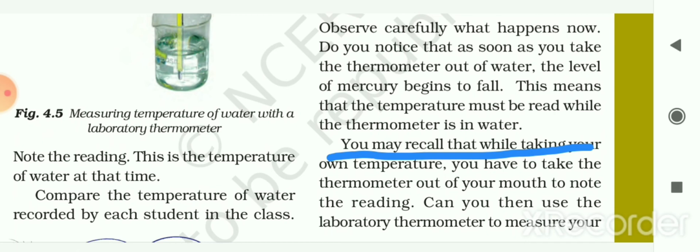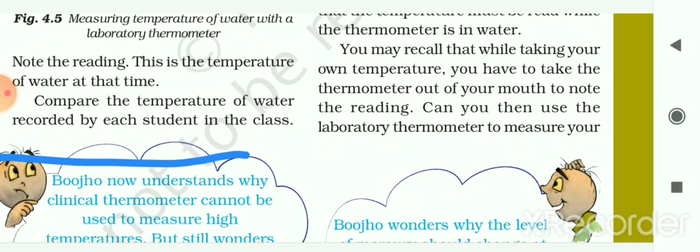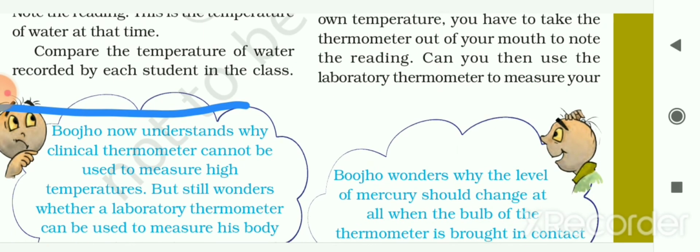This means that the temperature must be read while the thermometer is in the water. You may recall that while taking your own temperature, you have to take the thermometer out of your mouth to note the reading. So can you then use the laboratory thermometer to measure your body temperature?